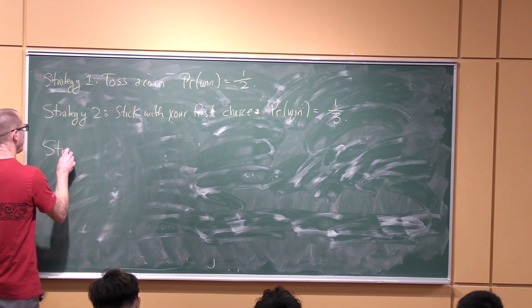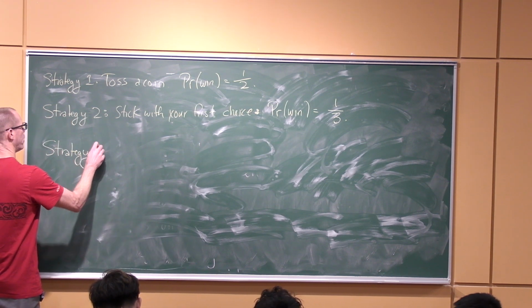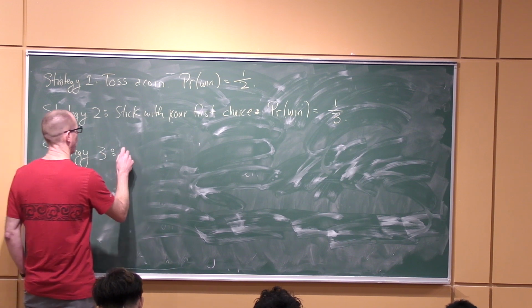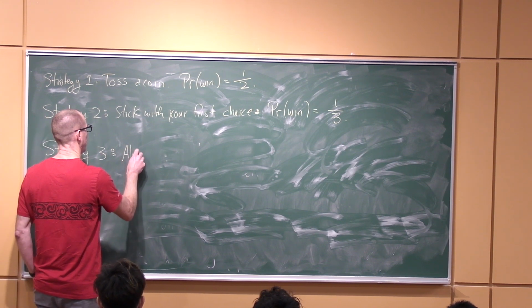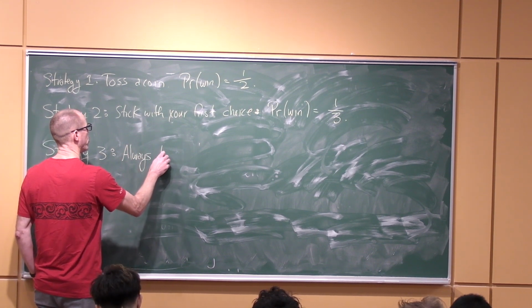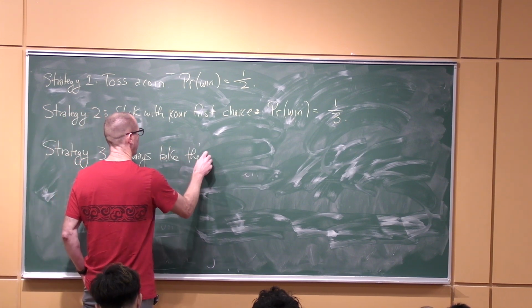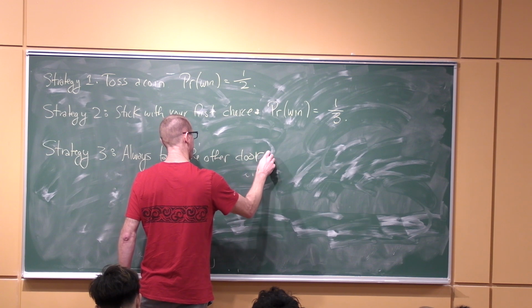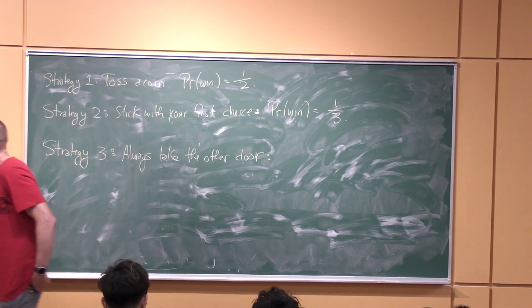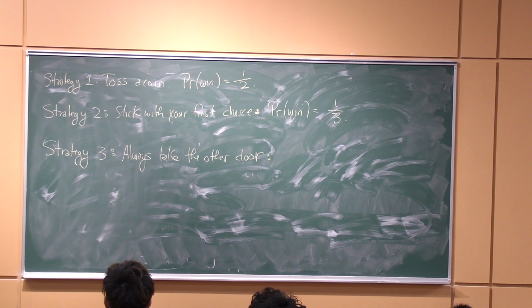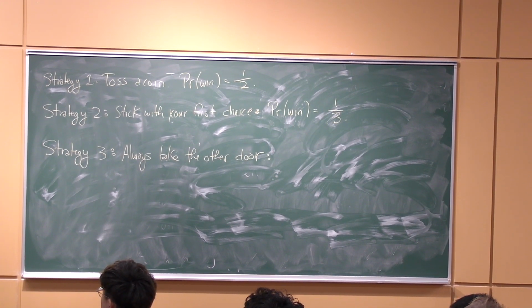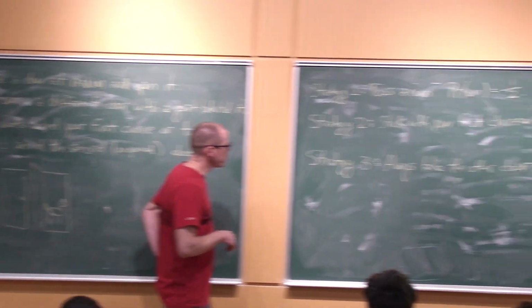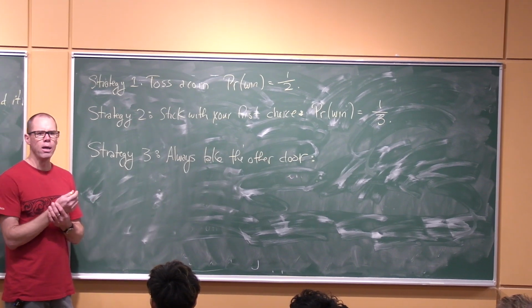And strategy 3, always take the other door. So rather than thinking about the ways I can win with strategy 3, let's use the complementary rule and see how I could lose.